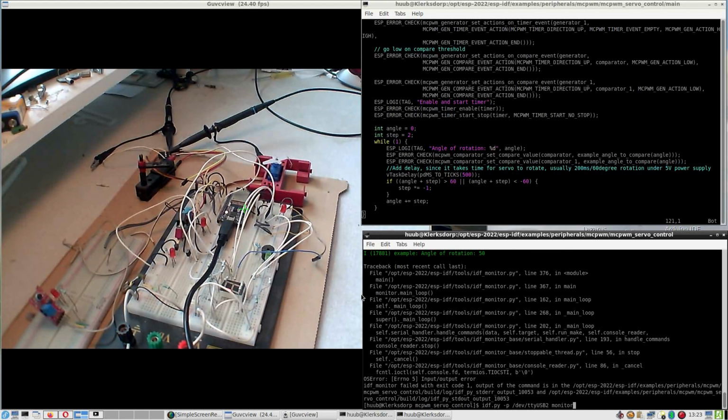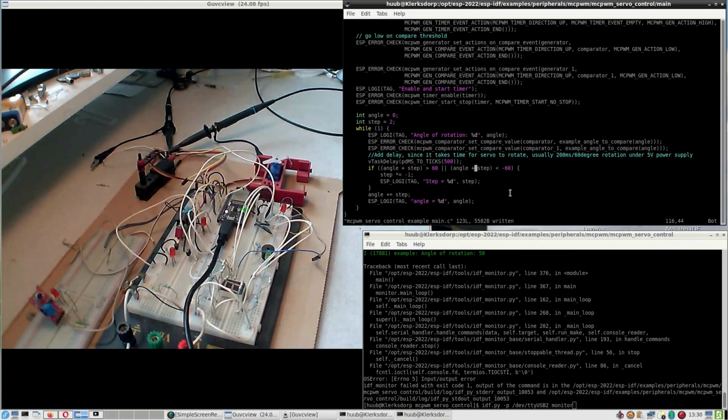For that, I obviously have to look into the code, which is right here. As a first step, I have added in the while loop for the angle of rotation that it actually shows the step and the angle.